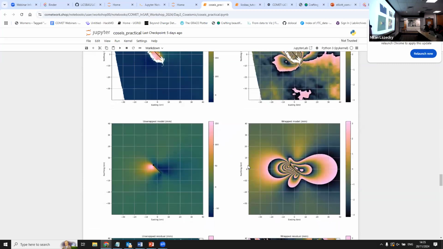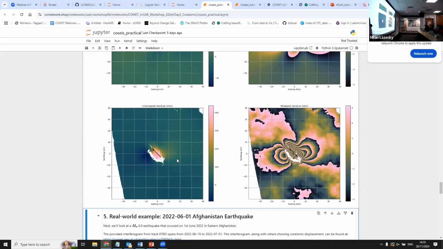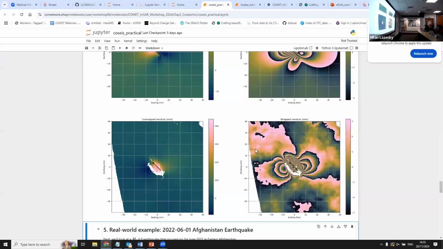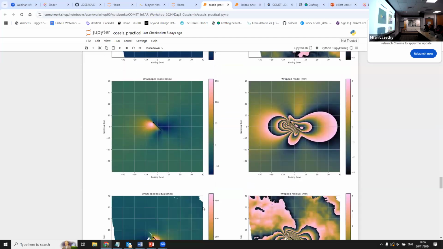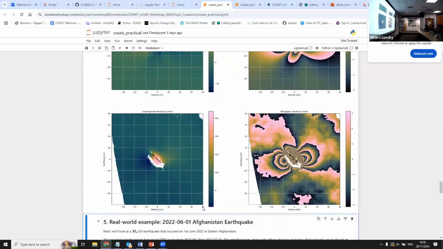The forward model that you generate is in the middle, and the residual is at the bottom. What we're trying to do is get our model as close to the real world data as possible, and our residual should just look like atmospheric noise if we've got a good model. So you can tell from this, the starting model is not fantastic.